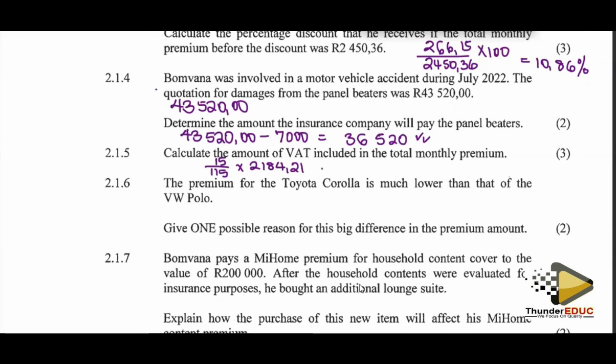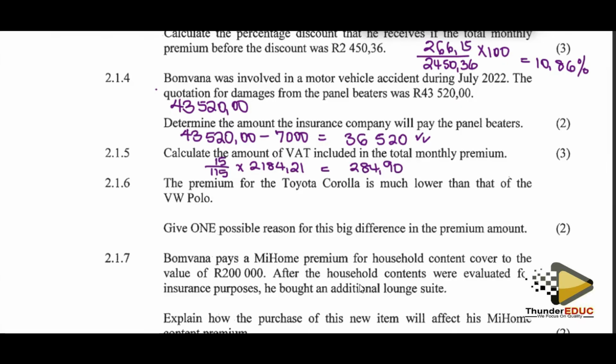So here the amount becomes 284 rands 90 cents. This is the reason why I've not used 15%, because this price already includes VAT. If it includes VAT already, I'm looking for the VAT that was included. I need to use this.